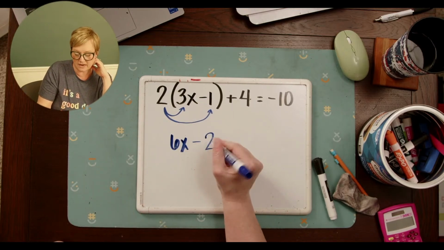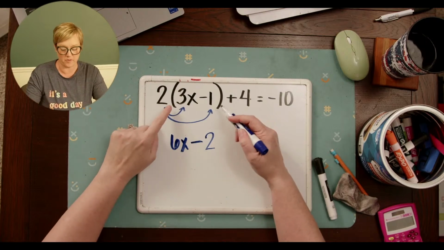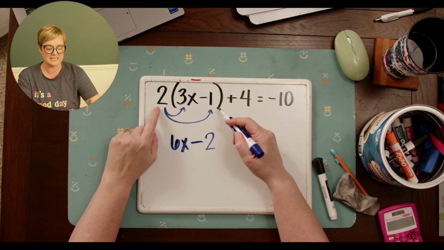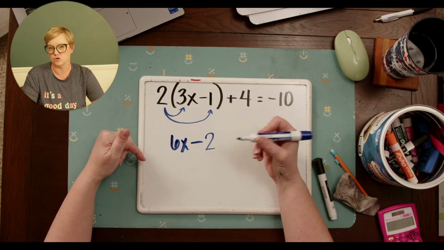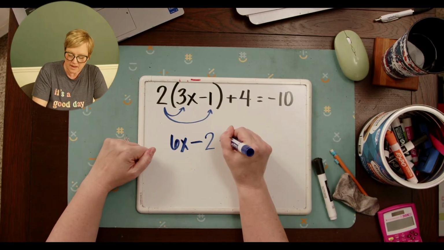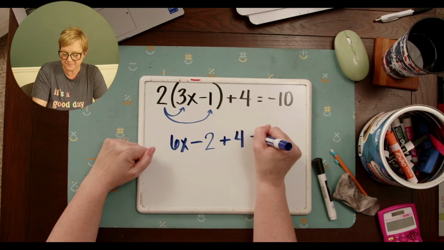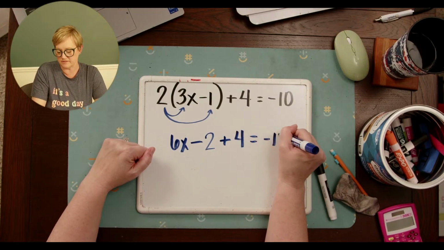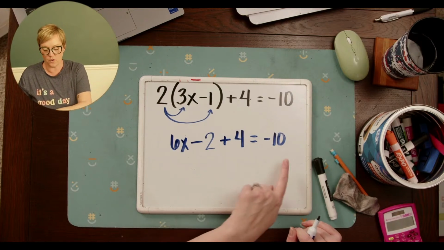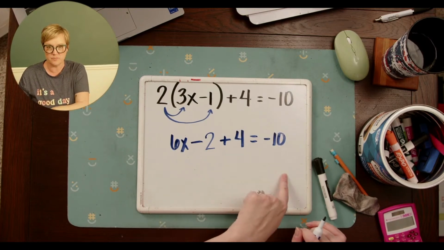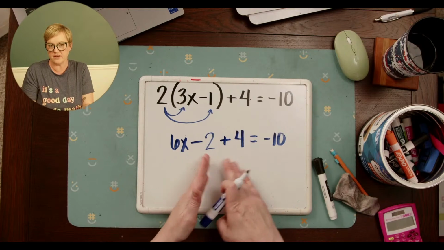Now, once I've distributed this, the only reason that parentheses is there is because that's 2 of this whole group. So once I've distributed that 2, I can drop the parentheses. And then I've got plus 4 equals negative 10. So now from here, I could subtract 4 from both sides, I could add 2 to both sides, or I can just go ahead and combine these.